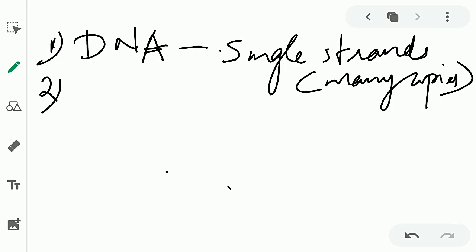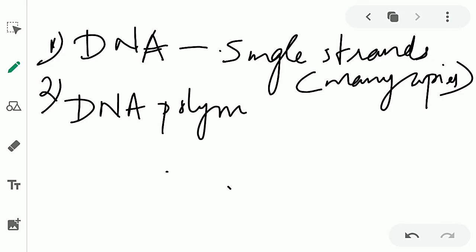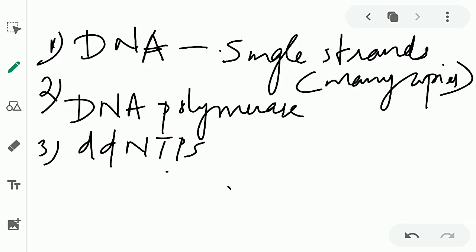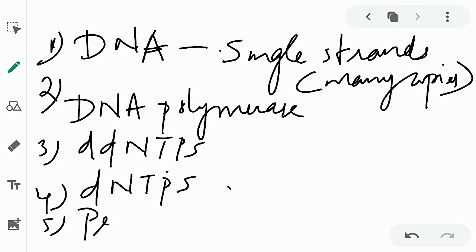Of course we need a DNA polymerase. We need dNTPs, and we need a primer. So these are the major requirements for doing the dideoxy chain termination method.